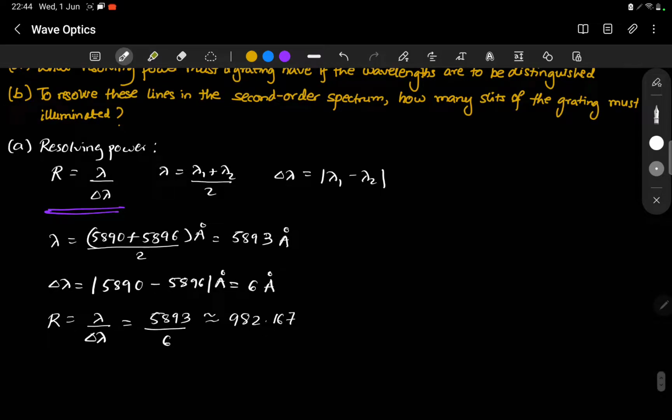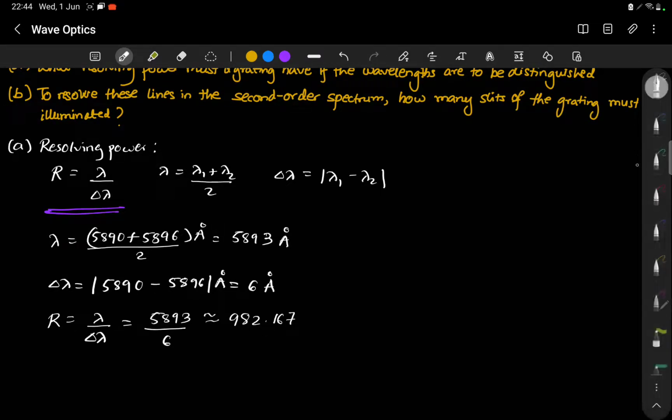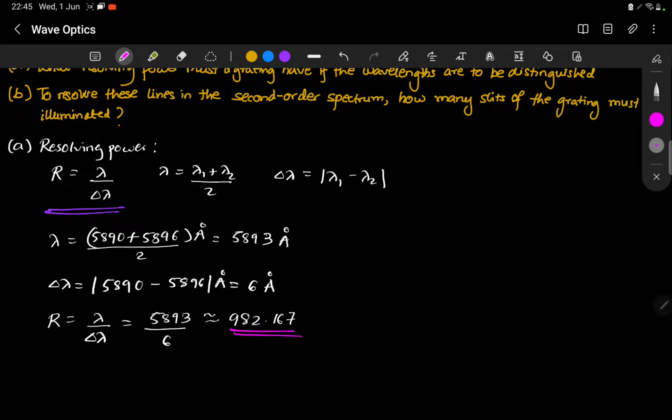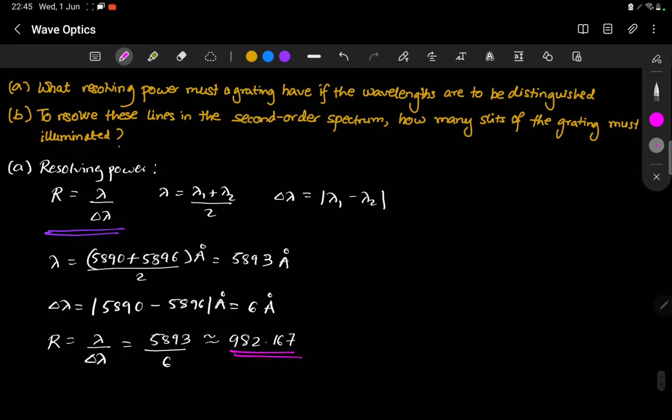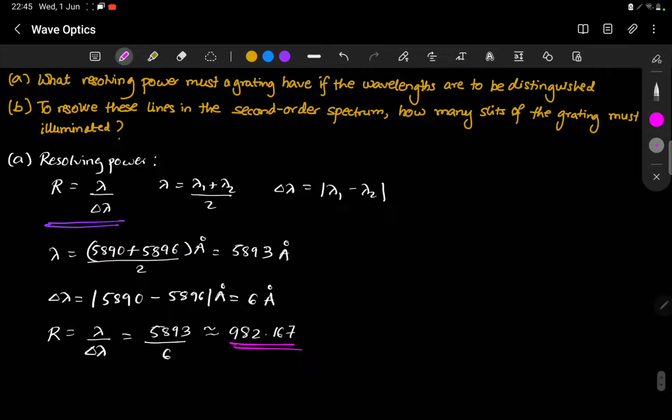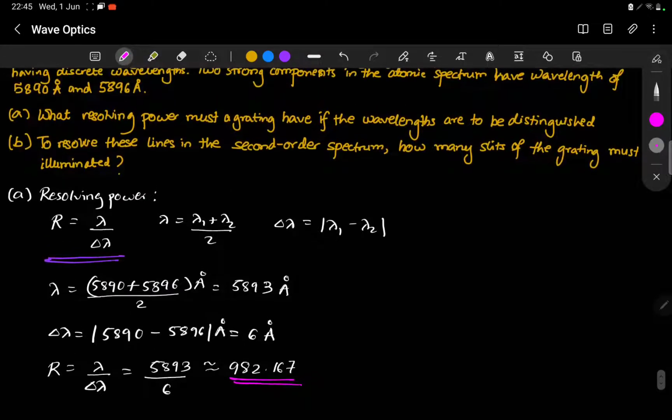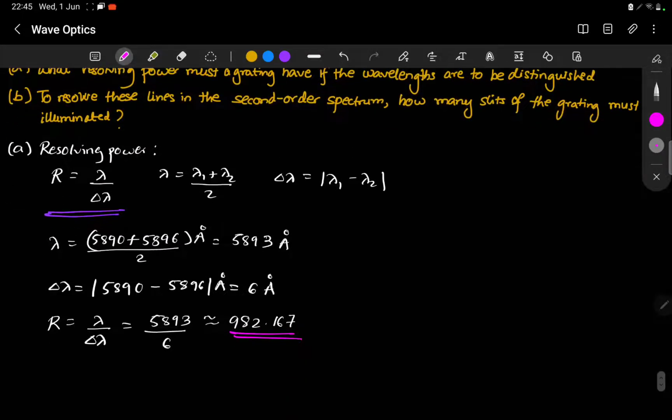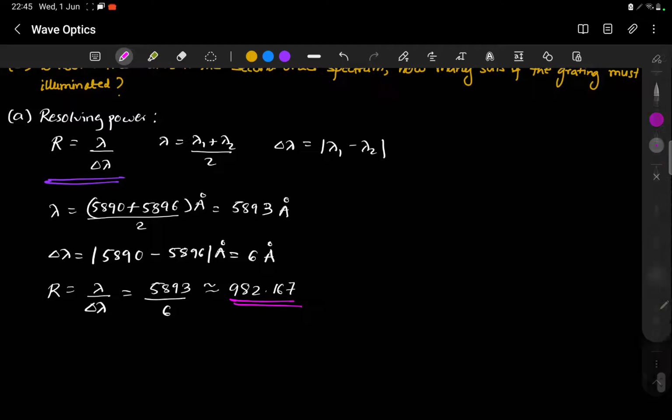So this is the resolving power. The grating that we have must have a resolving power of at least this much in order to be able to resolve these closely spaced wavelengths of 5890 and 5896 angstroms. So this is the required resolving power.